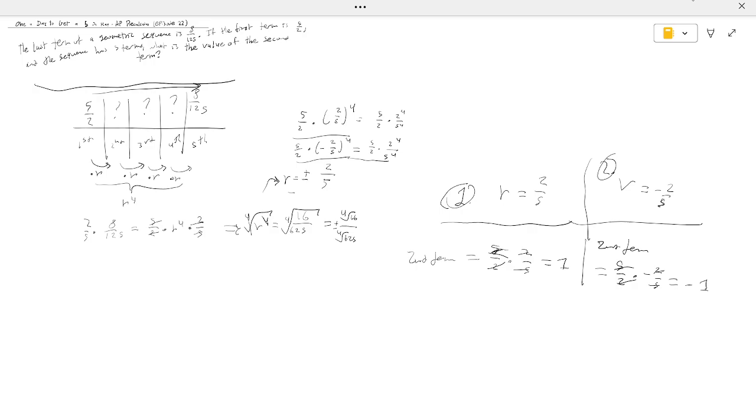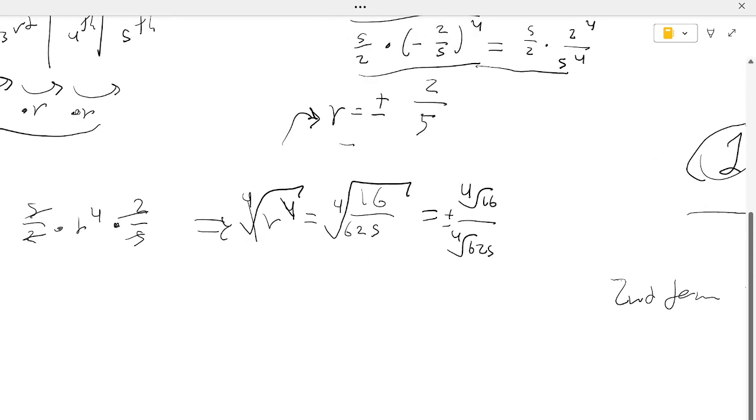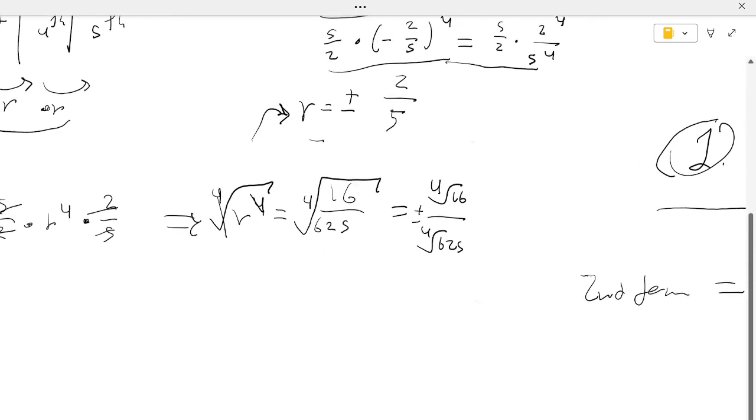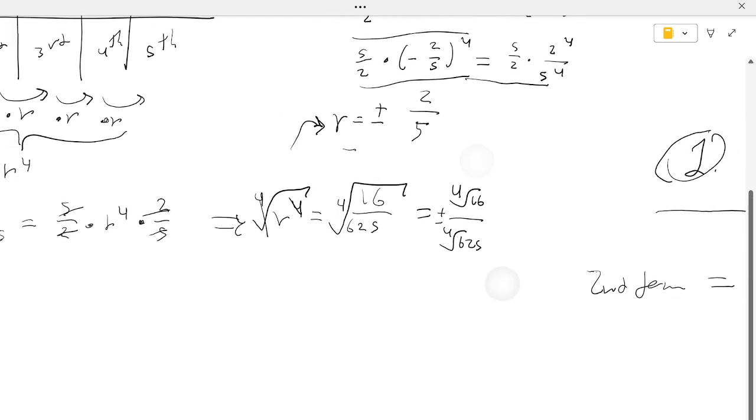They got r as 2/5 by taking the 4th root, but technically, if r to the 4th is equal to 16 over 625, having the 4th root of that would make the equation true, but also having a 4th root with a minus on the outside would make that true.